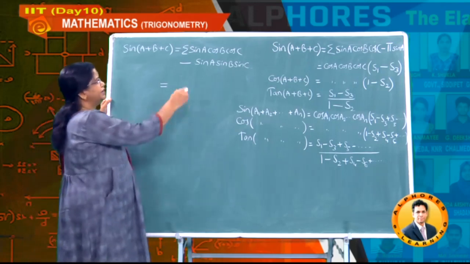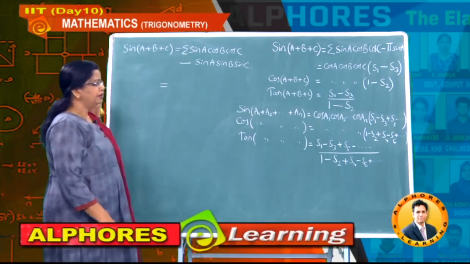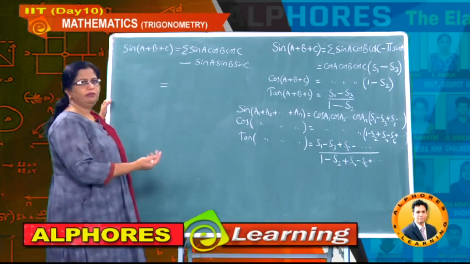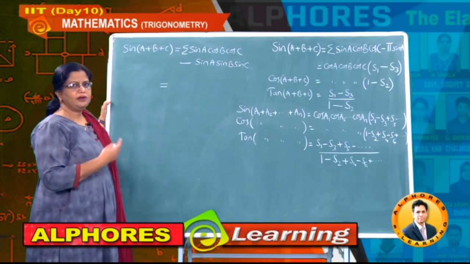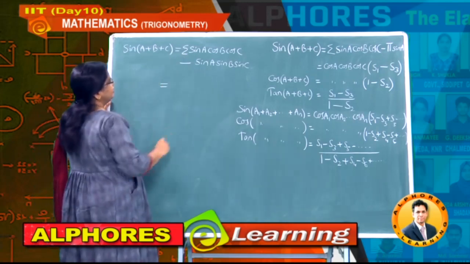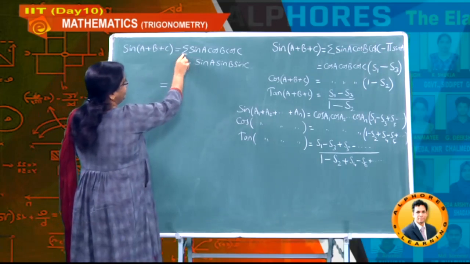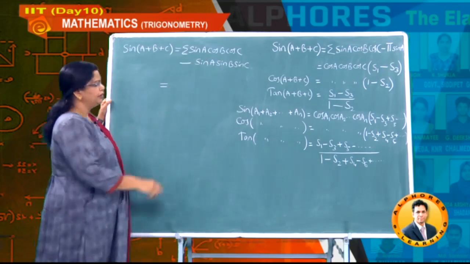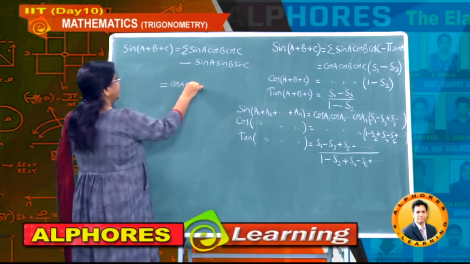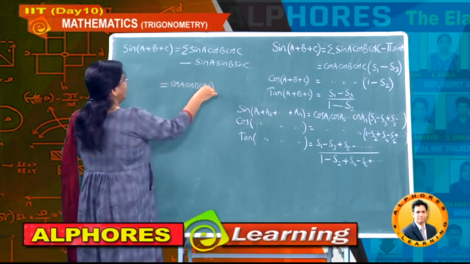So, if you take cos a cos b cos c common, then we can write all formulae in a simple manner. That is the reason why we are taking cos a cos b cos c as common. No need of expanding sigma completely, but I can write here cos a cos b cos c, which we have taken common.